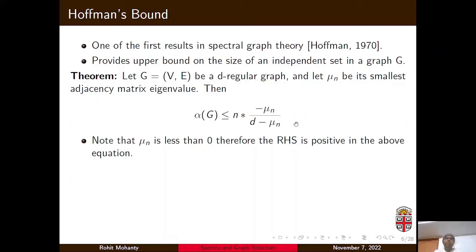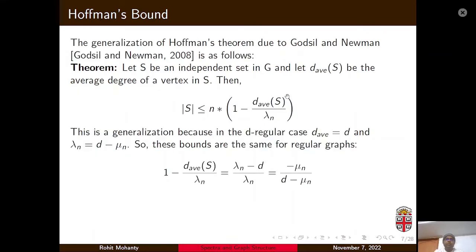So this gives us a bound on alpha G for a d-regular graph. But we want to generalize this theorem, and the generalized version was given by Hoffman and Newman. That theorem states that if S is an independent set in G and d average of S is the average degree of a vertex in S, then mod S is less than or equal to n multiplied by 1 minus d average S upon lambda n.